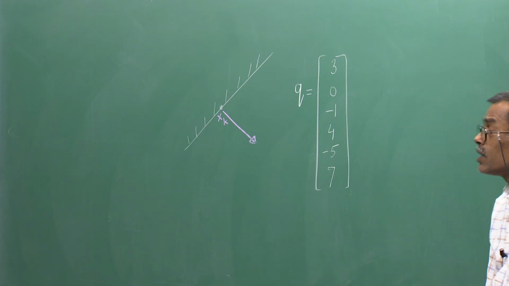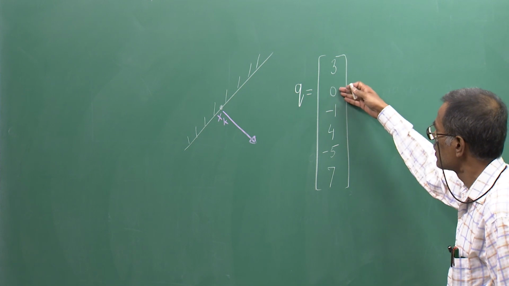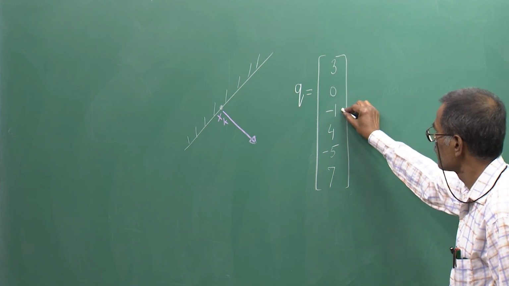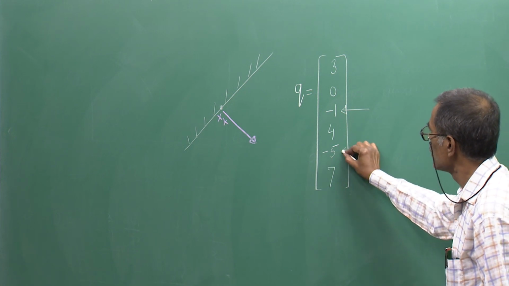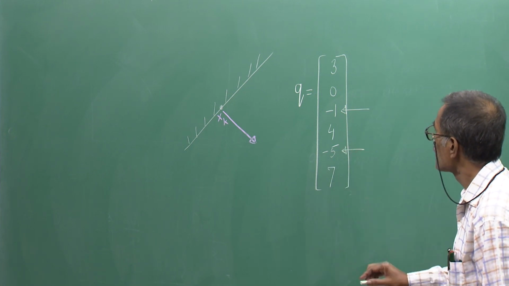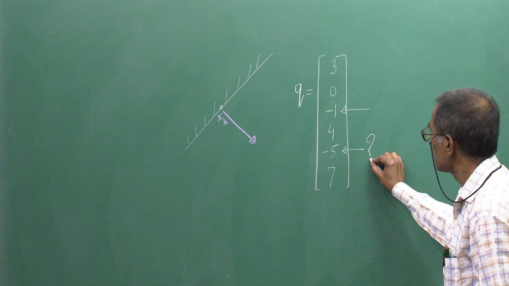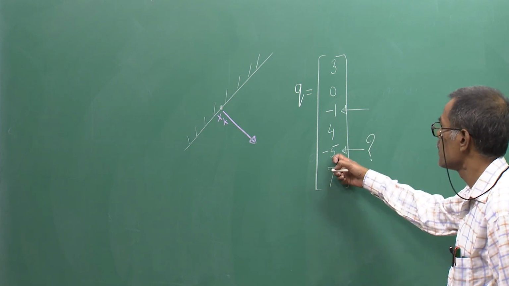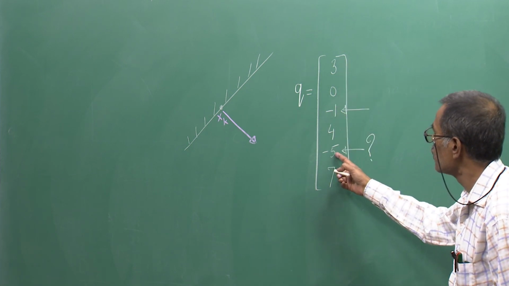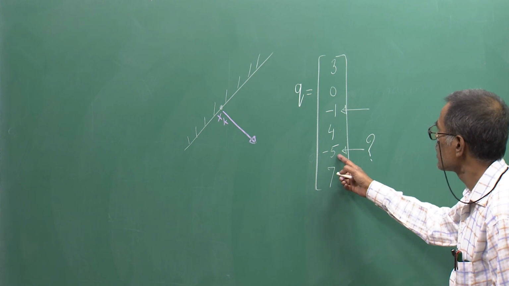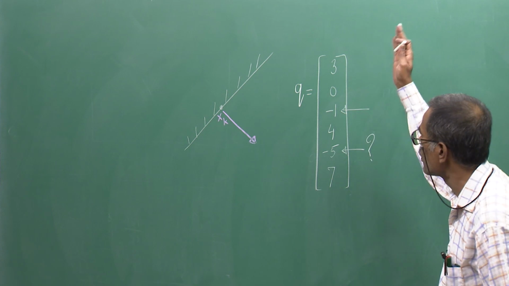So, we wanted the q's to be non-negative. This is so, this is so, this is not so, this is so, this is not so, this is so. So, these are the two offenders, and this one, minus 5, is the worst offender. Now, what we can do is add 5 to all of them.